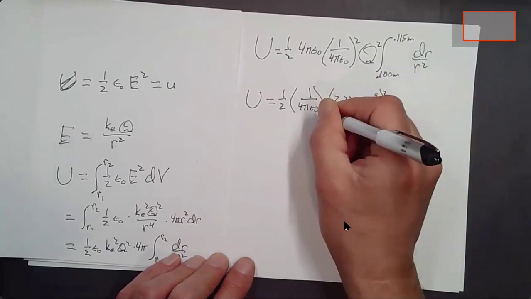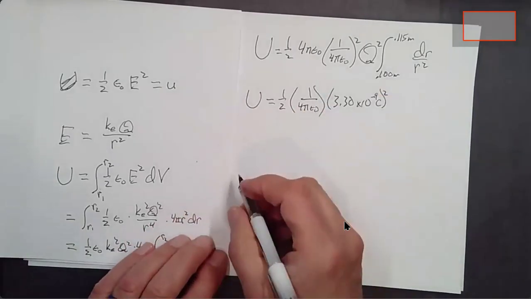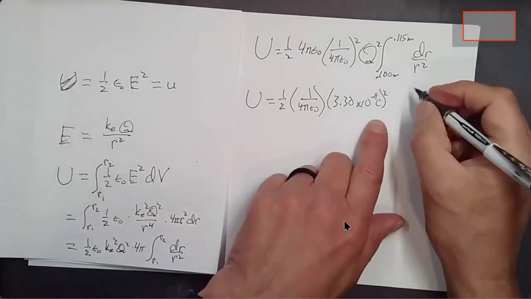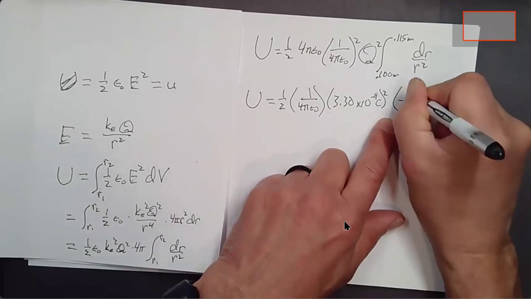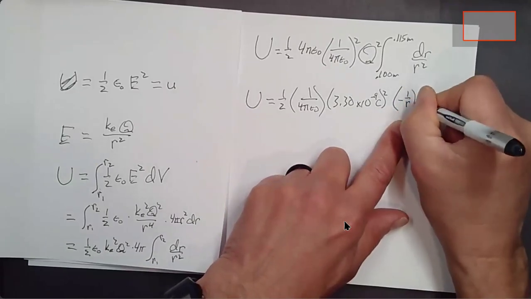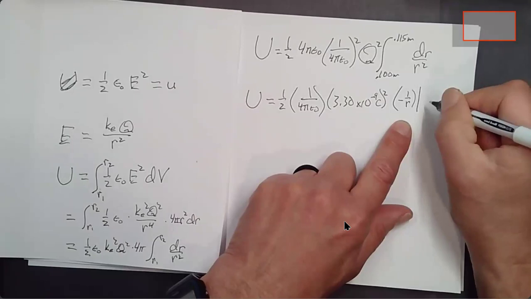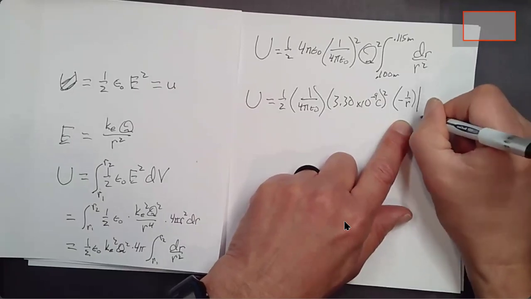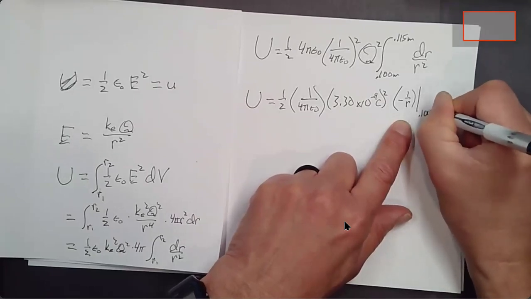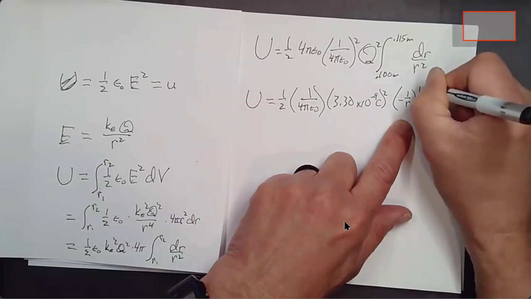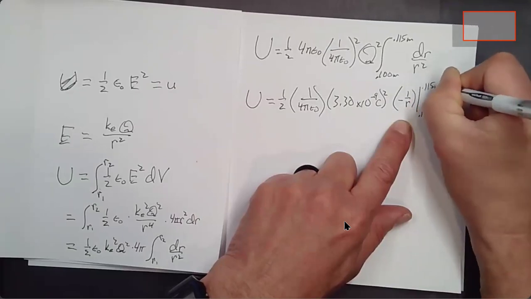Oh, and I actually haven't put units on this yet. And then minus 1 over r, which I'm evaluating at 0.100 meters and 0.115 meters.